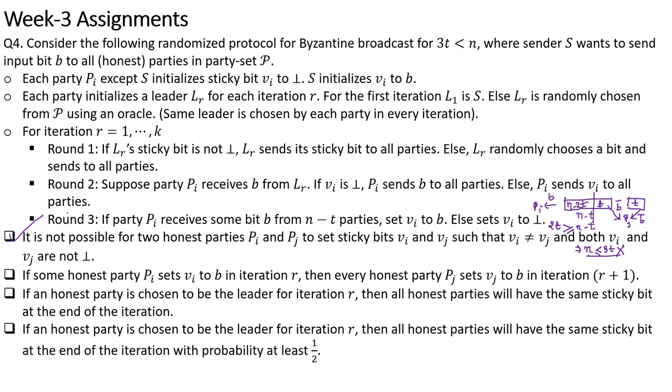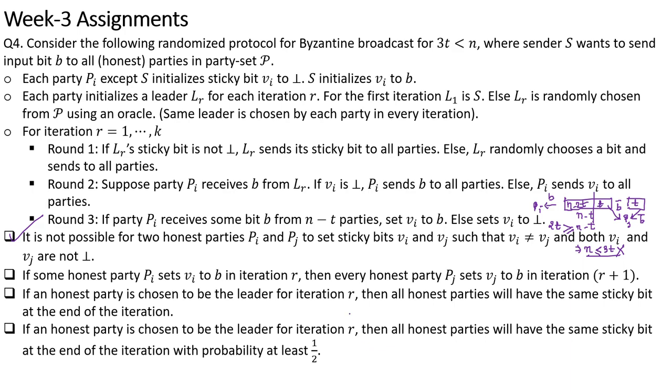Some honest party Pi sets Vi to B in iteration R. That means all the other honest Pj have set Vj equal to B or bot in iteration R. That is implied by the previous statement. So in the beginning of iteration R plus 1, all the honest parties have input either B or bot.